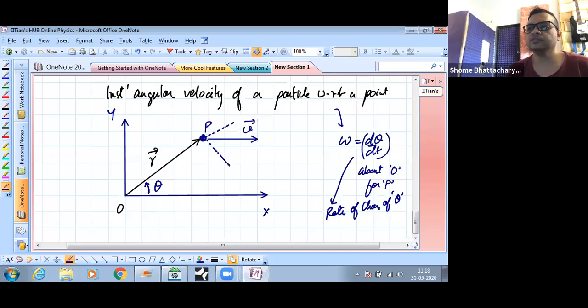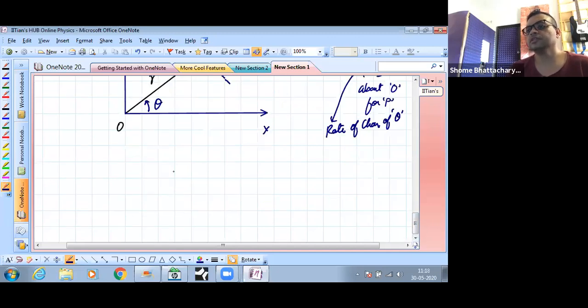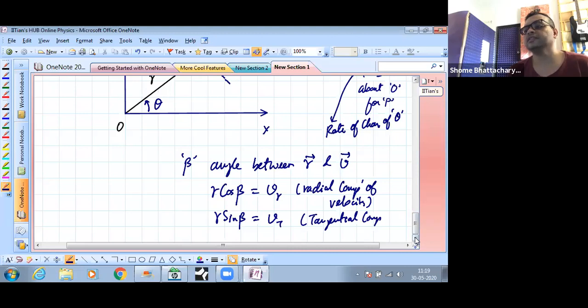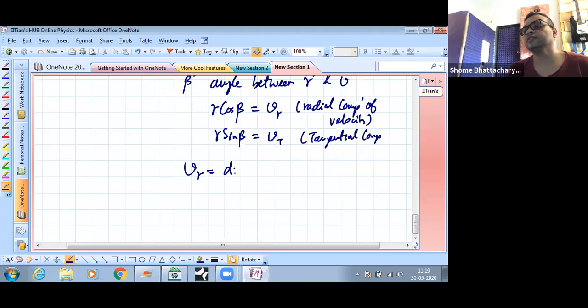So if the angle between the position vector and the velocity vector is some beta, let's say, then you can see that v cos beta is the radial component of velocity, and v sin beta becomes what we call the tangential component of velocity.